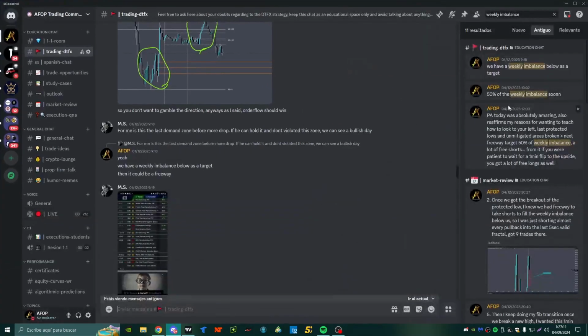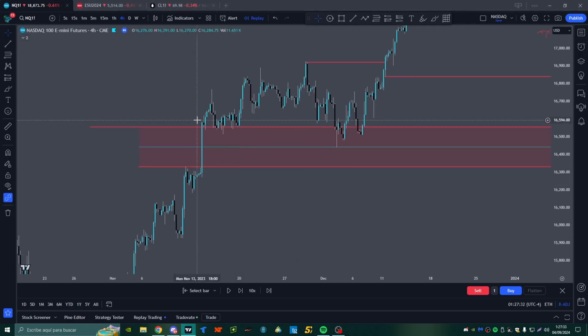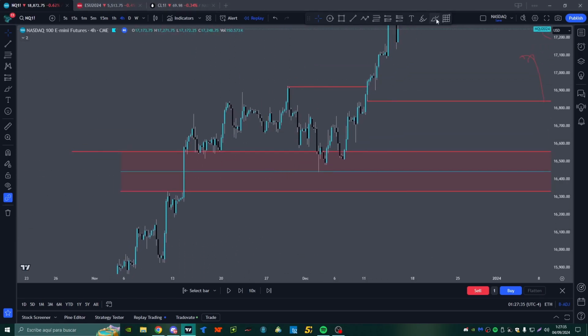So what did I say there? 50% of the imbalance, soon, from the weekly imbalance. I mentioned it right there when we were getting there. And there was absolutely nothing else here, because this was the CPI candle. A linear movement of news. Then the price hits everything, reaches its target, and changes the cycle again, as I just told you.